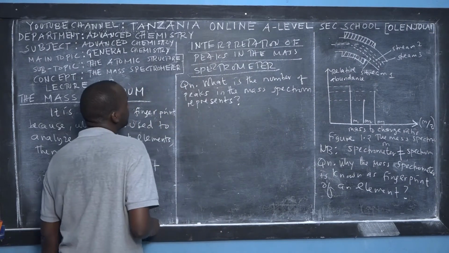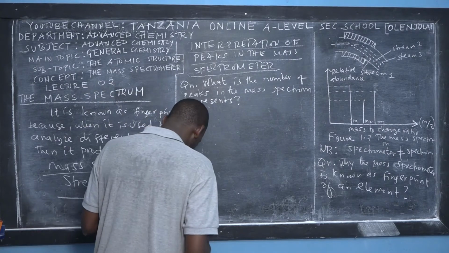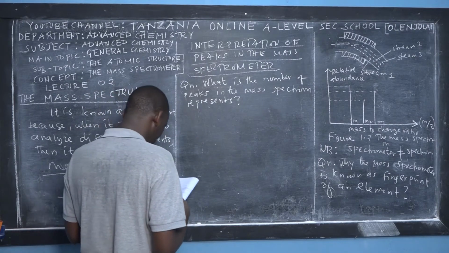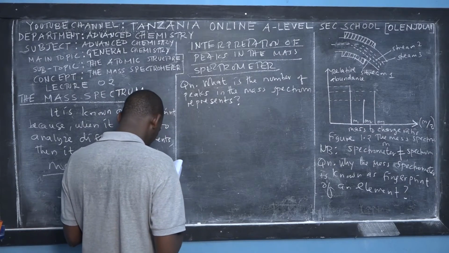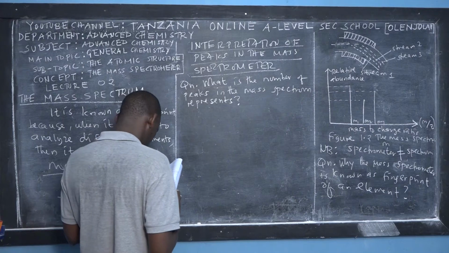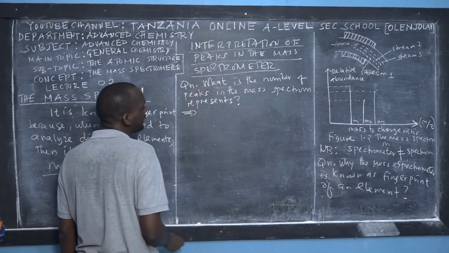Okay, so we say that this depends on what has been analyzed in the mass spectrometer. So what is the number of peaks?